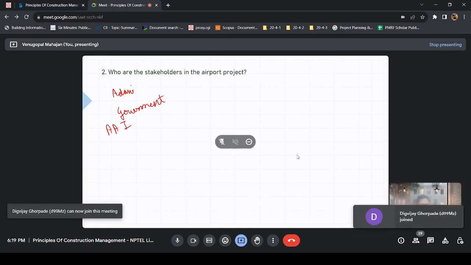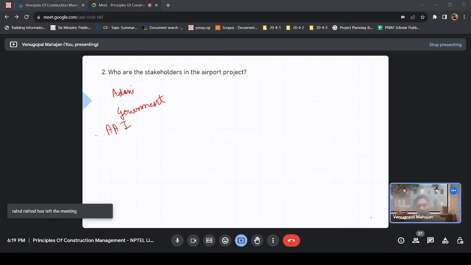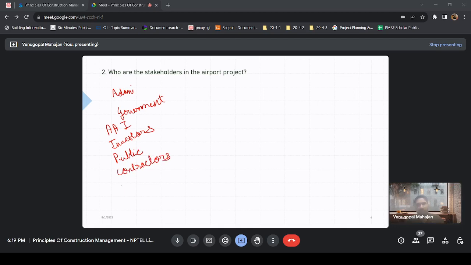Government of India, we already did it. Anybody else? Investors. The public. Contractors. Flight companies, airline companies. Okay, flight companies.